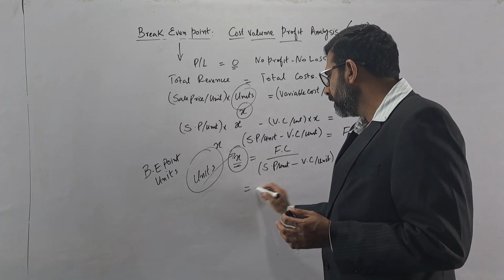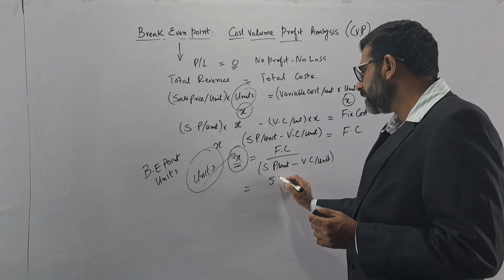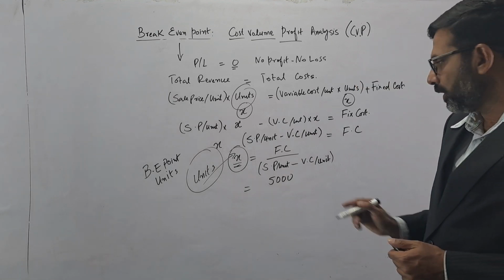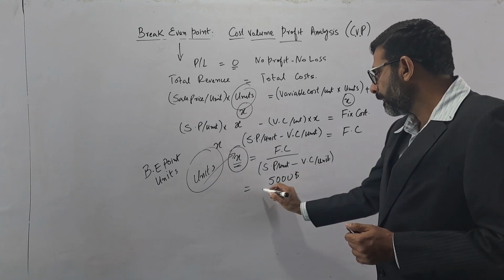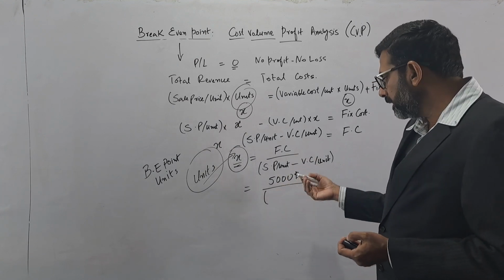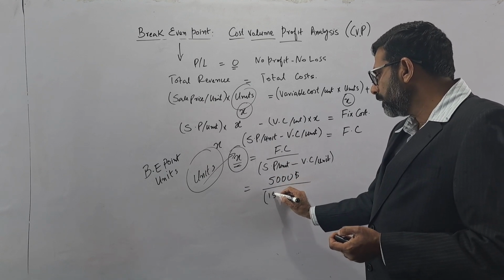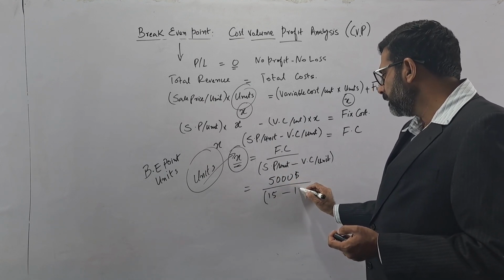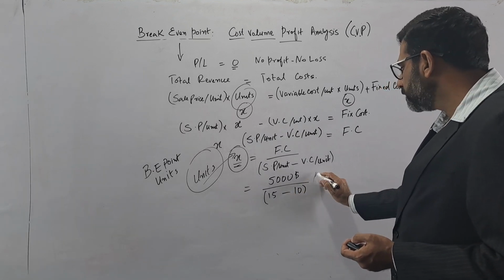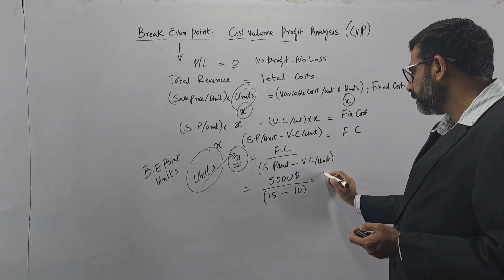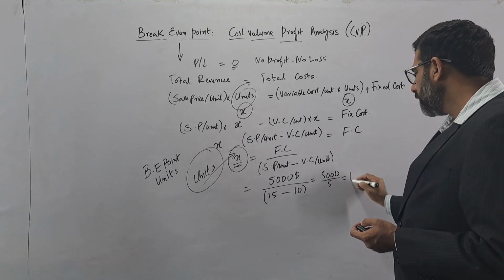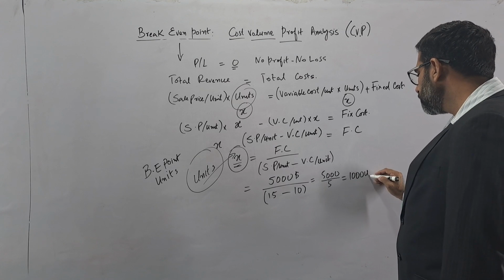For example, assume the fixed cost is $5,000. And we divide it by the sale price, let's assume a sale price of $15 minus the variable cost. Let's assume it is $10. So 5,000 divided by 5, and the answer is 1,000 units.